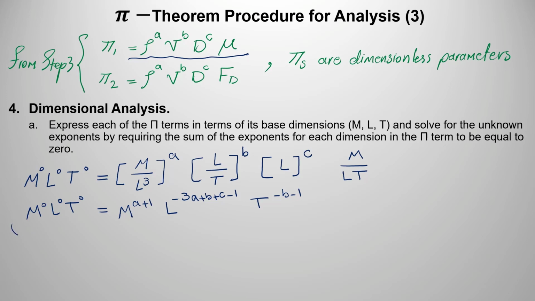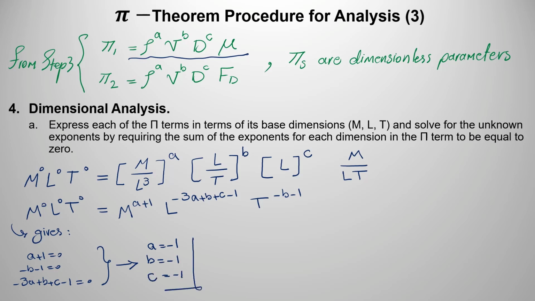So this gives a plus 1 equals 0, negative b minus 1 equals 0, and negative 3a plus b plus c minus 1 equals 0. And as a result of this, if you solve these three equations simultaneously, it would be a equals negative 1, b equals negative 1, and c equals negative 1.